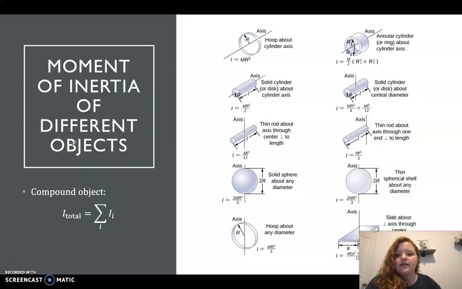So I'm going to look here. Here we have a disc and it's rotating about its axis, which makes sense because our merry-go-round would be rotating this way.